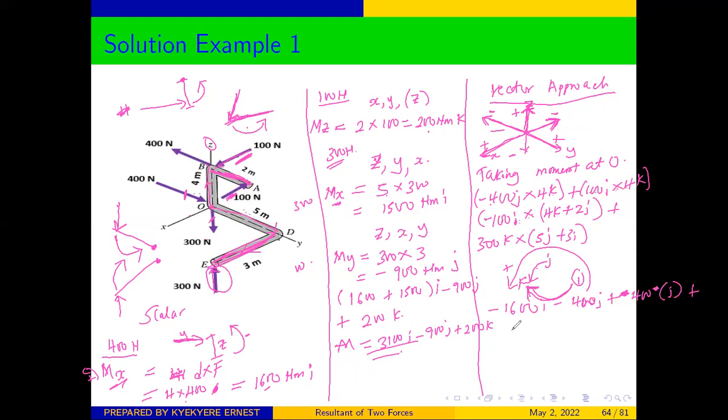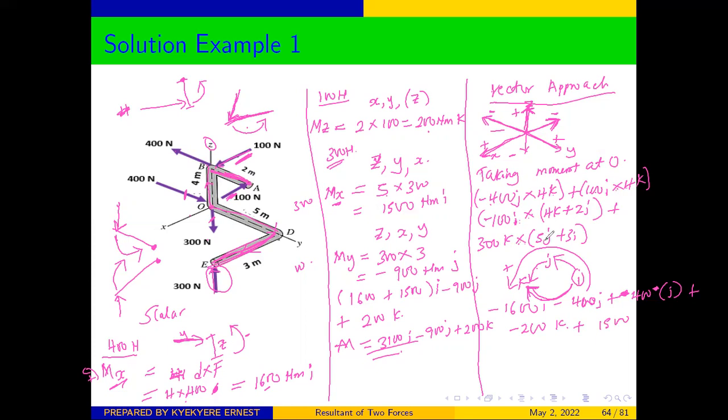So you are going to get negative 200k. i cross j is in the anti-clockwise direction, which means that our k will be positive. Plus now 300 times 5 is going to give us 1500.